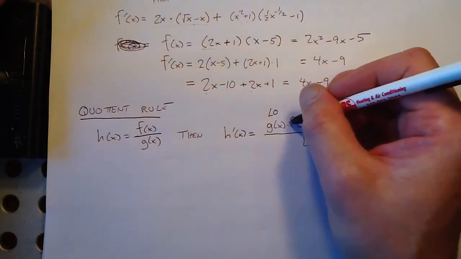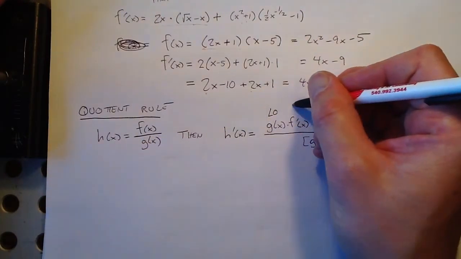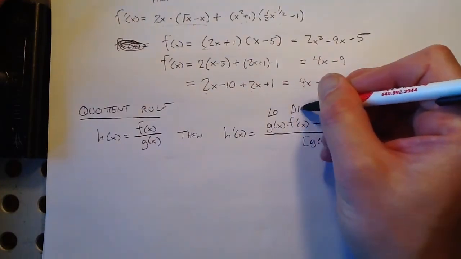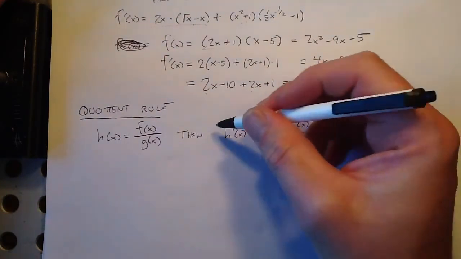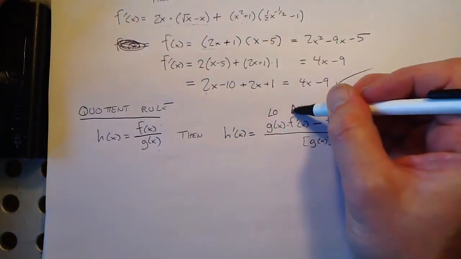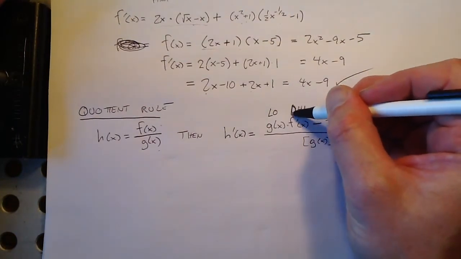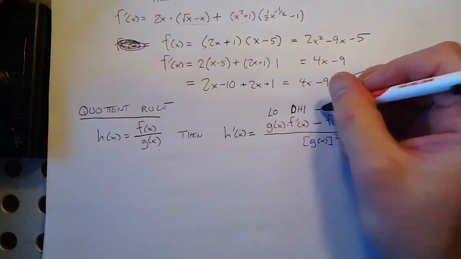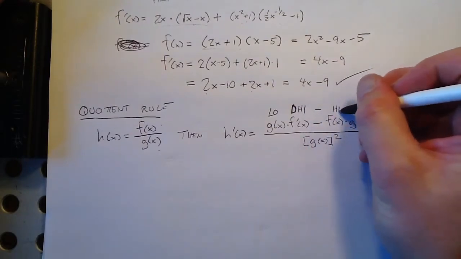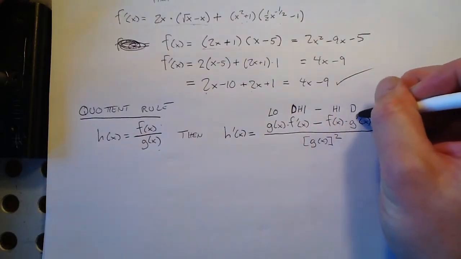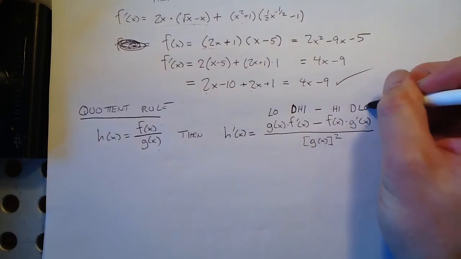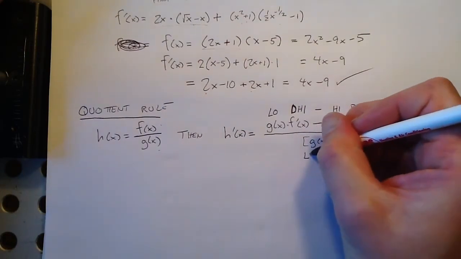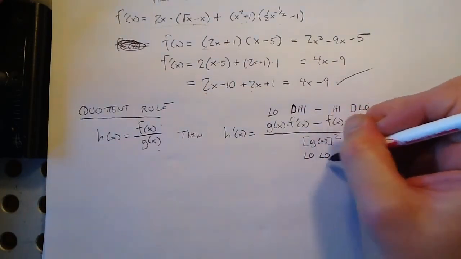And then we're taking the derivative of this one, so I'm going to say d, and I'm going to call that the high one. This is the low and this is the high. Whenever I say d in front of something, that means you should be taking the derivative of that one. And then minus, this is high d, taking the derivative of the bottom one, and then over low, low.